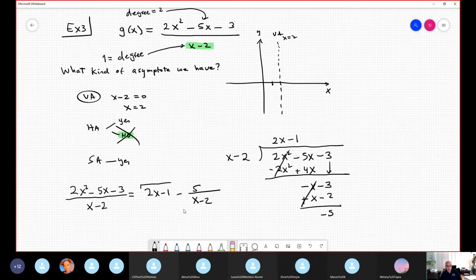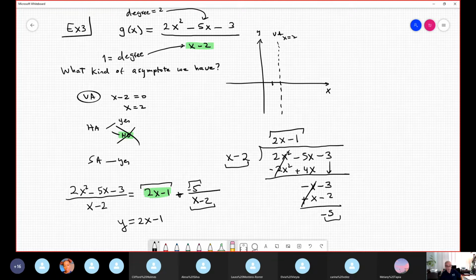Remember, this is the quotient, this is the remainder. I put negative 5, I put the negative outside. It doesn't matter, it's the same, right? And this is the divisor. Because I can see clear like water, this is my slant asymptote equation. So the equation is y equal to x minus 3.